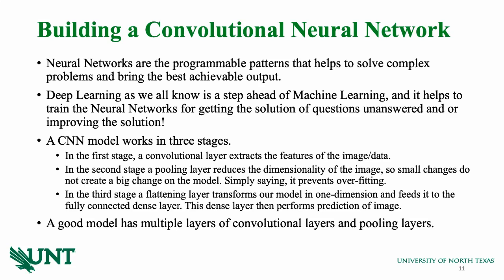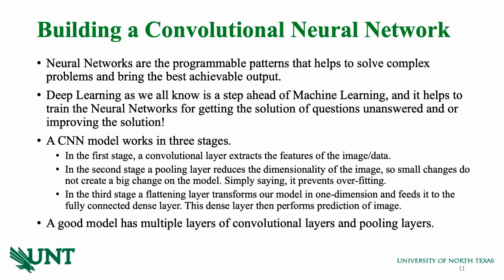Typically a CNN will have 3 stages. Stage one is the convolution layer, which extracts the features from the image. The second is the pooling layer, which reduces the dimensionality of an image, so you are not losing the data while reducing the dimensionality.